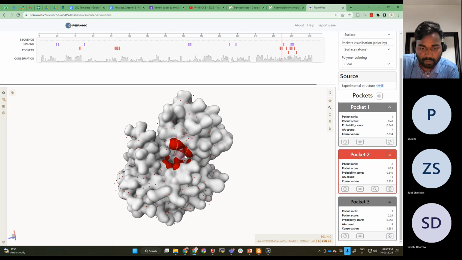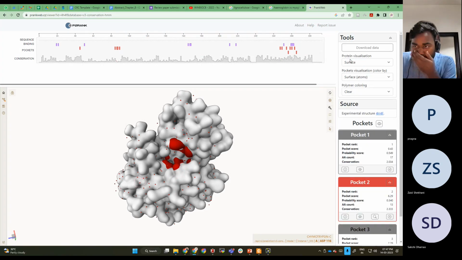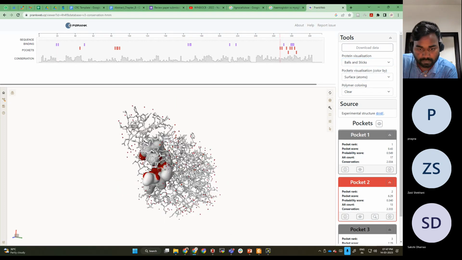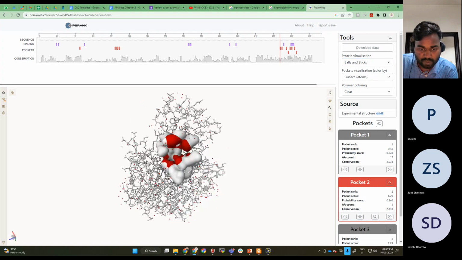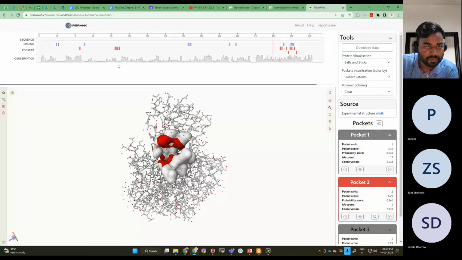And what are the amino acids involved in this binding pocket? That also you can see here. This is your pocket one.